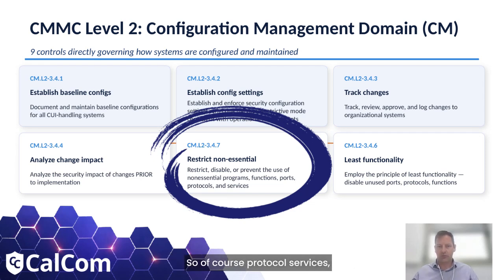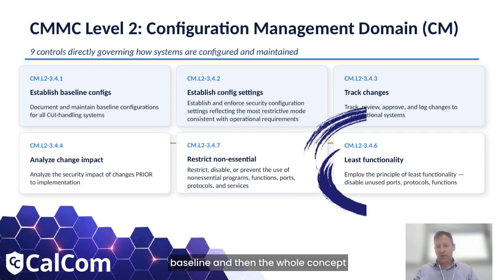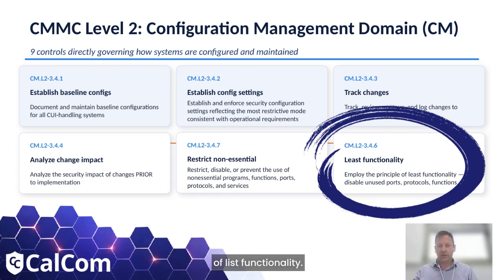So, of course, protocols, services, different functions, and ports are basic security settings and configurations that must be part of a restricted baseline. And then there is the whole concept of least functionality. Least functionality basically means that if we don't need a component on our system, device, or server, it should be removed or disabled.